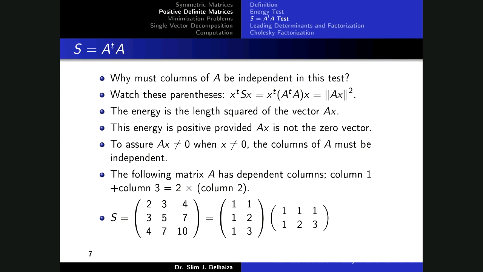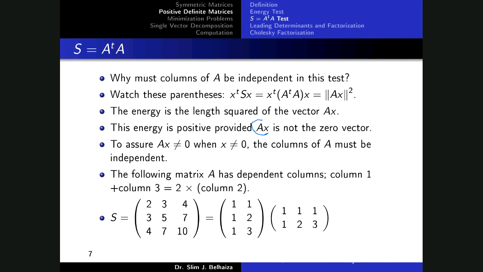Because if they're not independent, the null space is not 0, and basically the energy test fails. The energy is the length squared of the vector Ax, and this energy is positive provided that Ax is not the 0 vector.